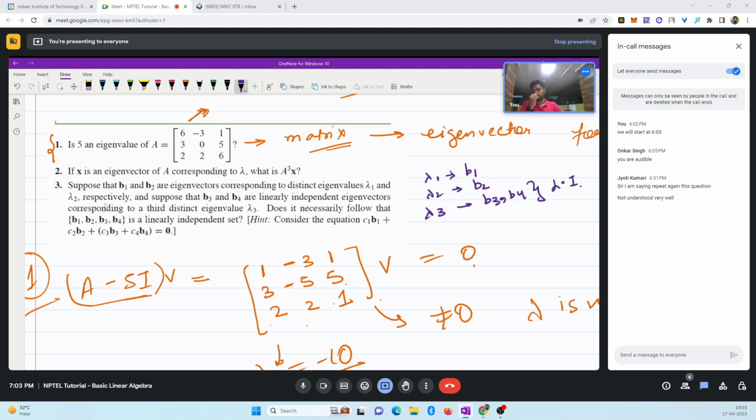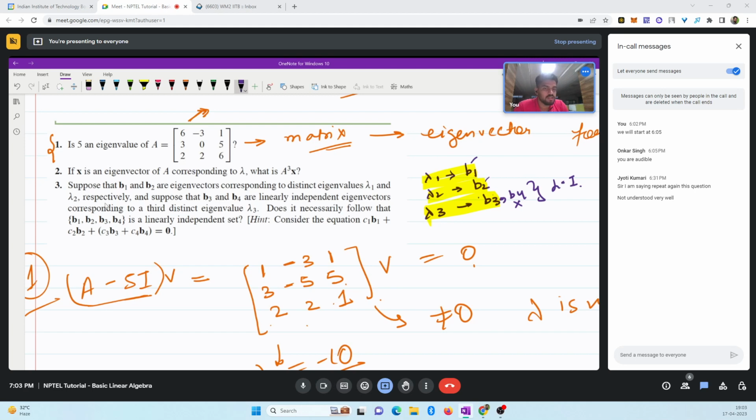A few things that we have done in the past: let's say you have distinct eigenvalues lambda 1, lambda 2, and you have one eigenvector corresponding to each. So for lambda 1 you had b1, for lambda 2 you had b2, and for lambda 3 you had only b3 and not b4. Then because these eigenvectors come from distinct eigenvalues, your set b1, b2 and b3 would be linearly independent. This we have done.